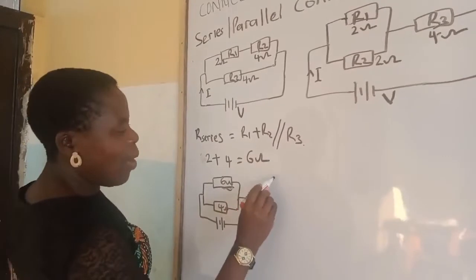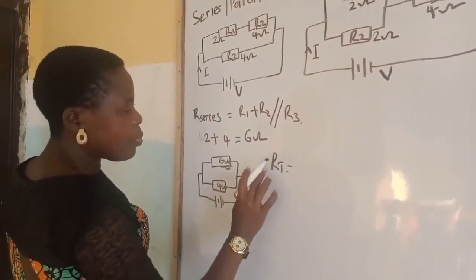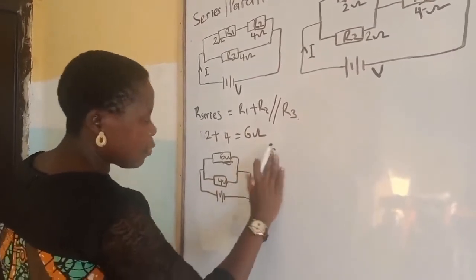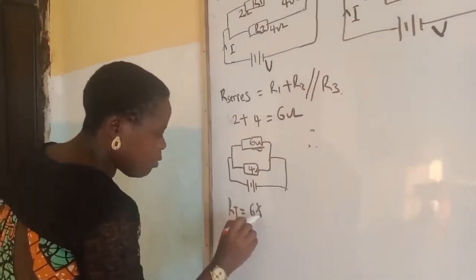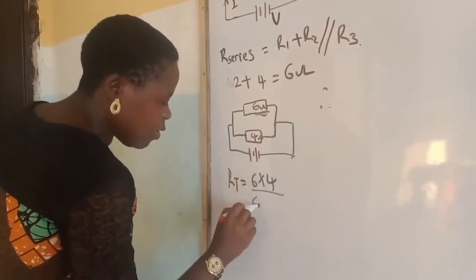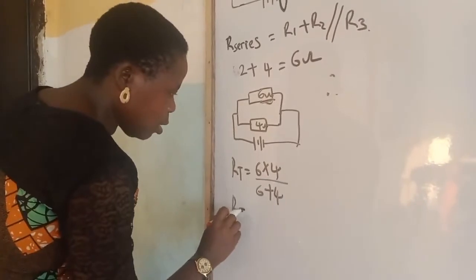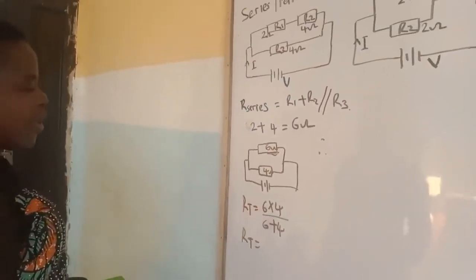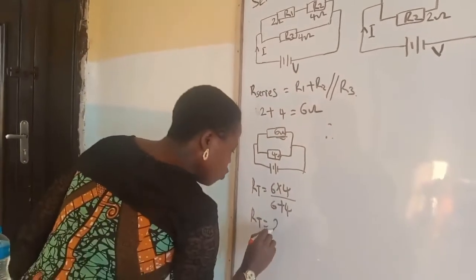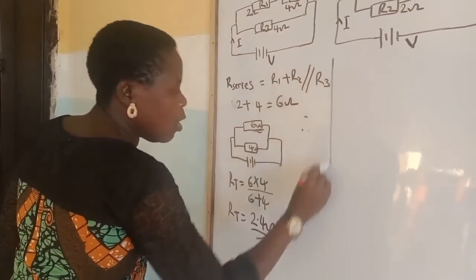So you now have our total resistance for this whole circuit will now be, so let's go to this side. RT will now be 6 times 4 divided by 6 plus 4. That is RT. We have 6 times 4 is 24. 24 divided by 10 will give us 2.4 ohms.